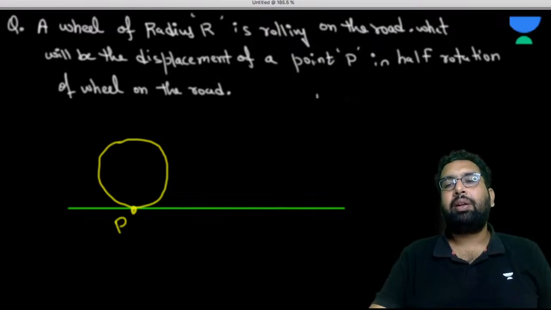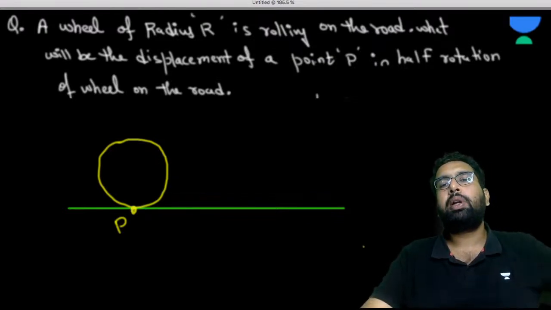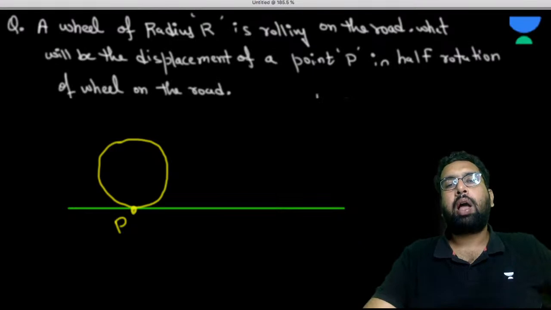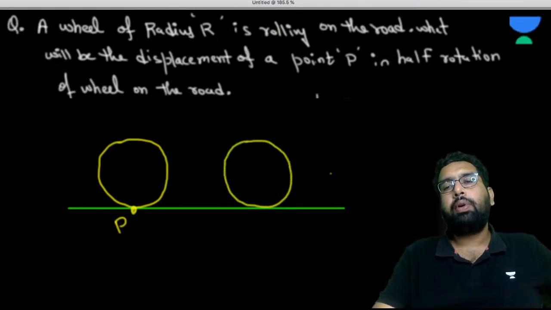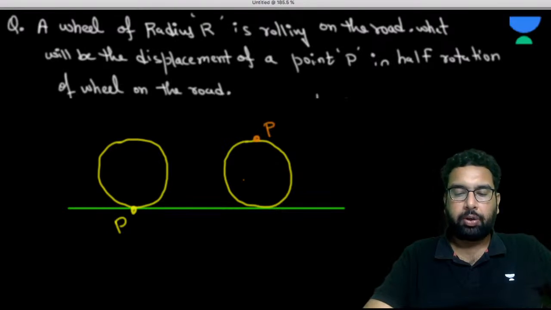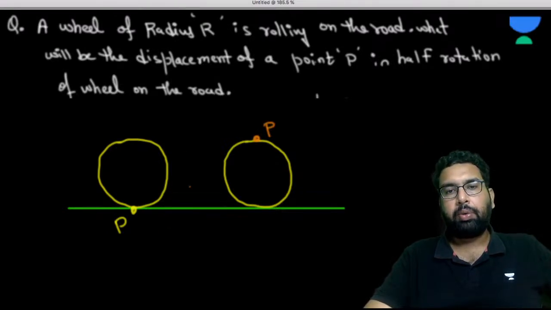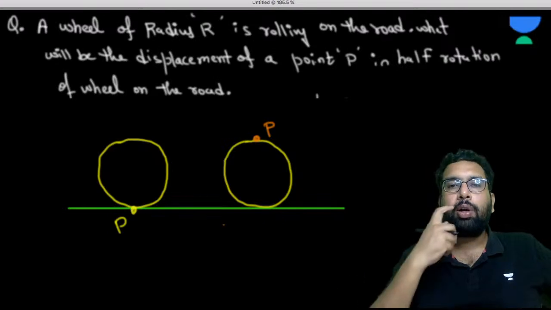Now when it makes half the rotation, this P point is going to come here. Do you agree to it or not? This P point is going to reach here, isn't it? Yes, sir, absolutely. So in half the revolution, it will also move forward because it is rolling.